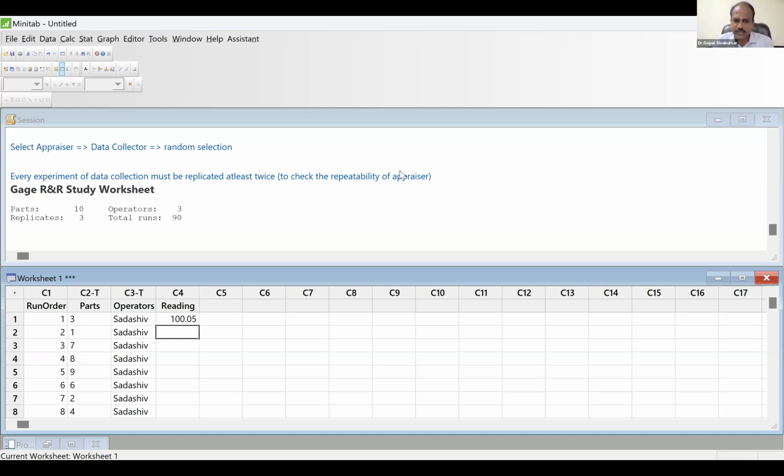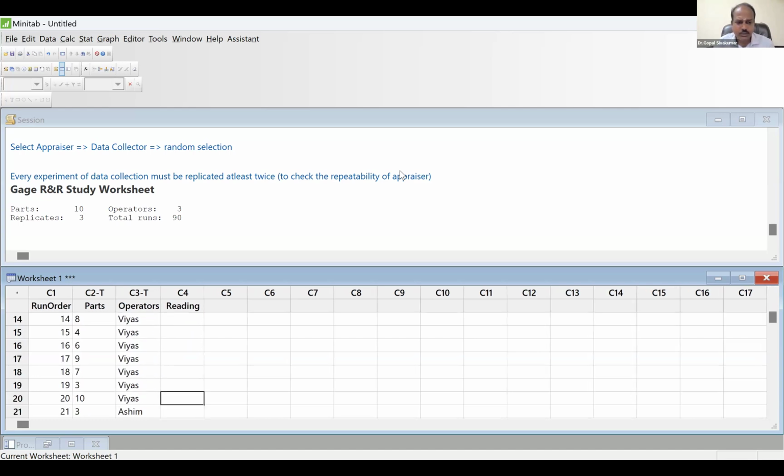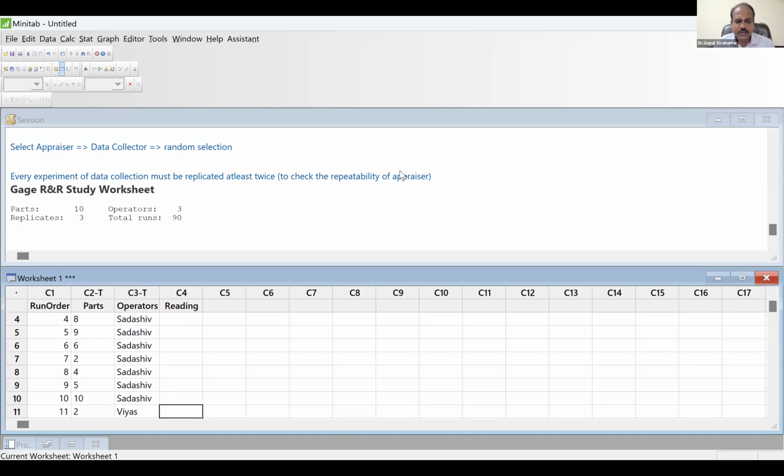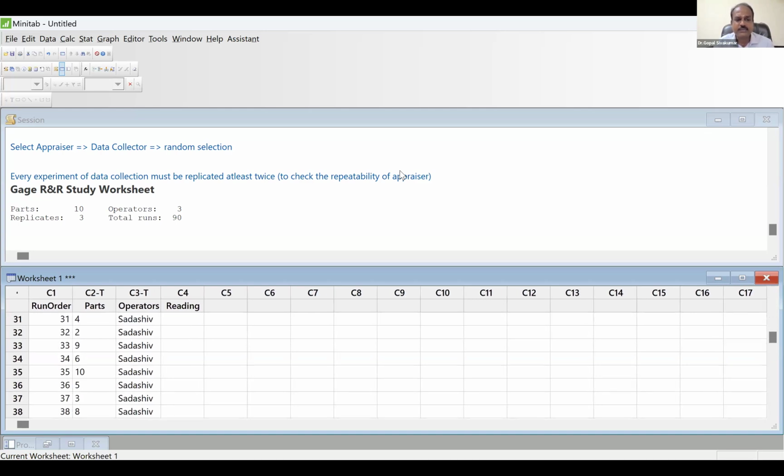Now what will be the next trial? Sadashiv will now go to part number 1 and measure part number 1. The reading is 99.85. Do you understand? In this manner, you have to complete all the trials for Sadashiv and then Vyas and then Ashim.